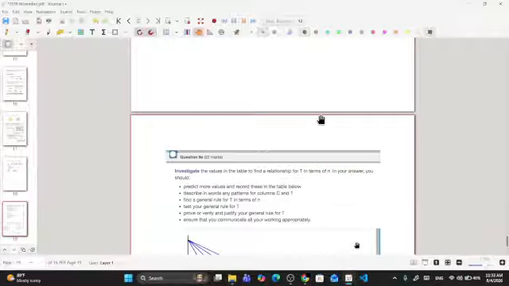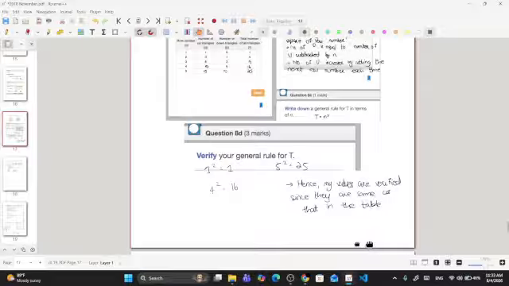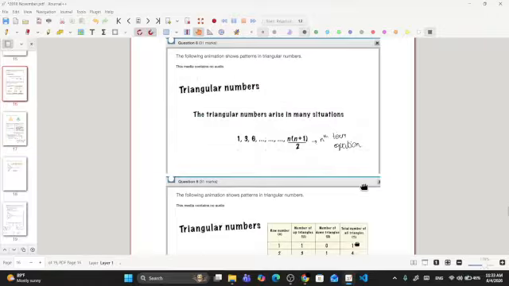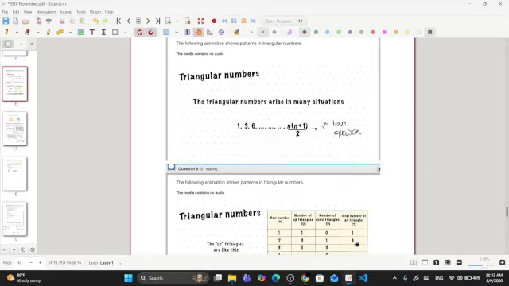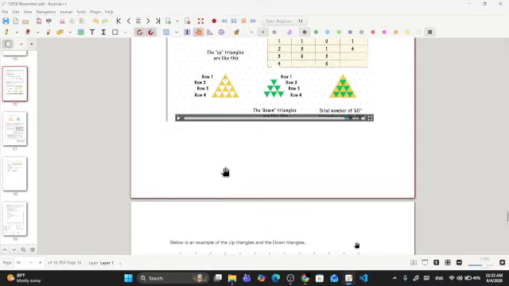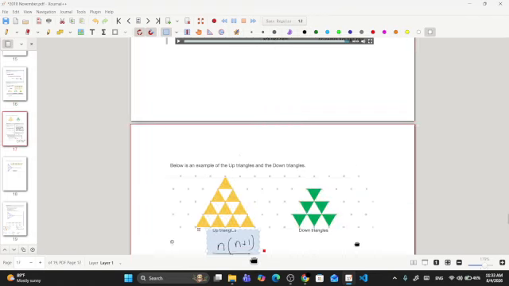Now, if you were to move upwards, we can see that the equation that was given to us for the vertical triangles being created was n multiplied by n plus 1 over 2, for these triangles. And let's bring it down, because this is going to help us solve our answer.